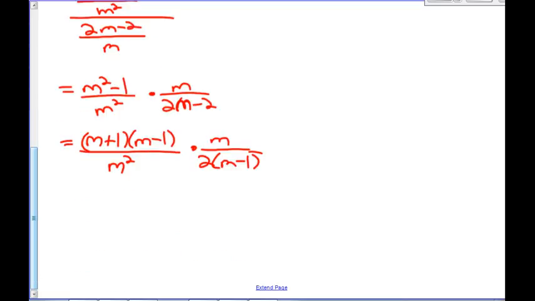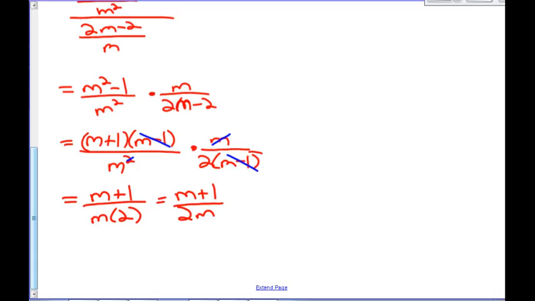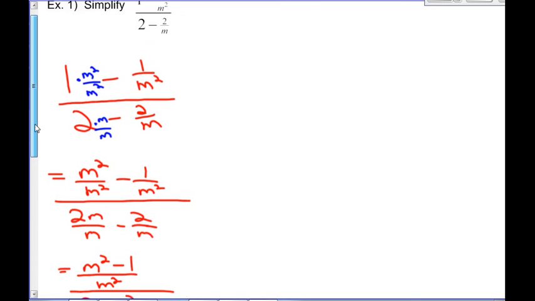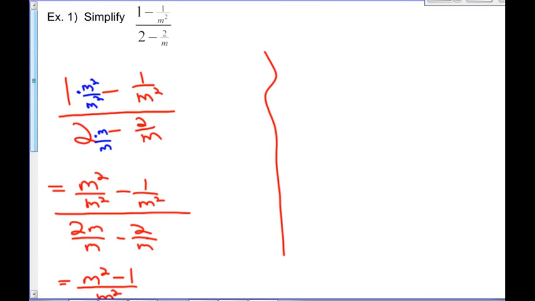Okay, there is some stuff that can divide out here. These are gone. M over m squared is just an m on the bottom. So we're left with m plus 1 all over m times 2, or better yet, m plus 1 all over 2m. And again, that's ignoring the restrictions. So that works out fine. We know how to add and subtract them. Let's try the other approach.